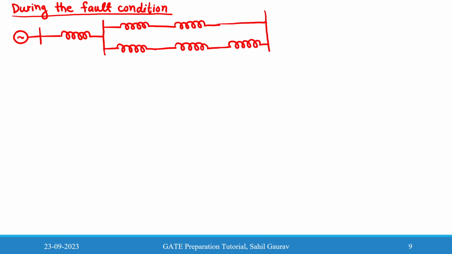So here we can take the middle of line 2: j0.1, j0.5, j0.1, j0.25 and j0.25, and this is j0.2.